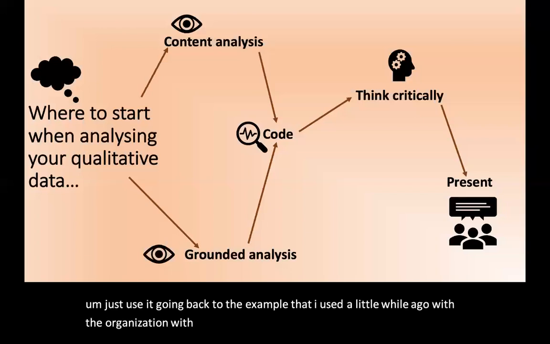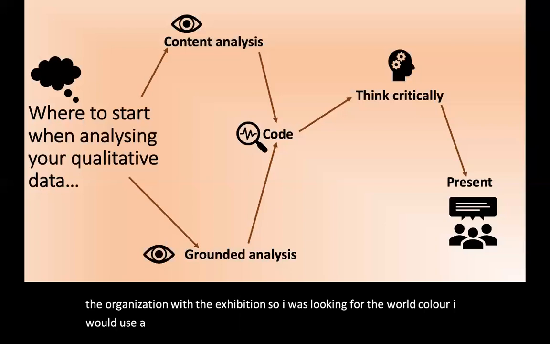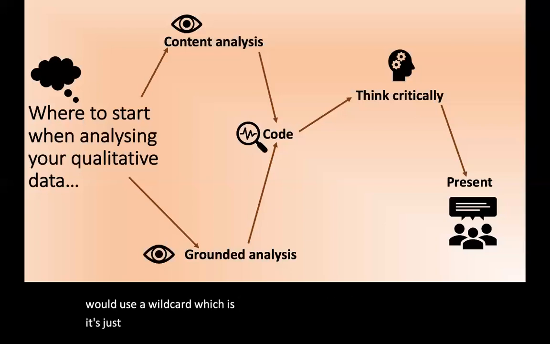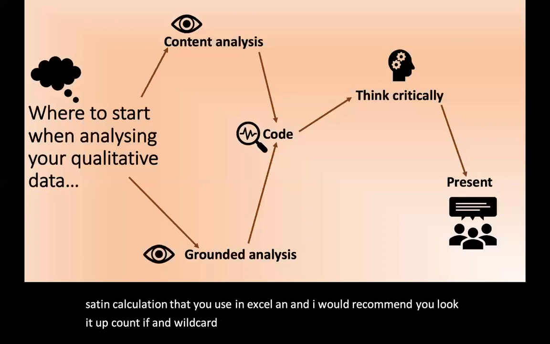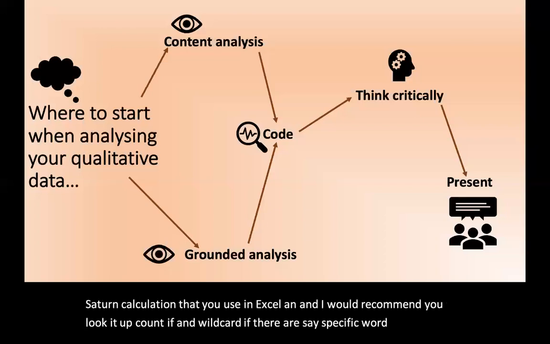I would use a wildcard, which is a certain calculation that you use in Excel. And I would recommend you look it up, COUNTIF and wildcard, if there are, say, specific words that you want to try and pull out of any qualitative data that you have. Yes, it's really useful because it will just literally give you a number, the number of times it has been used.